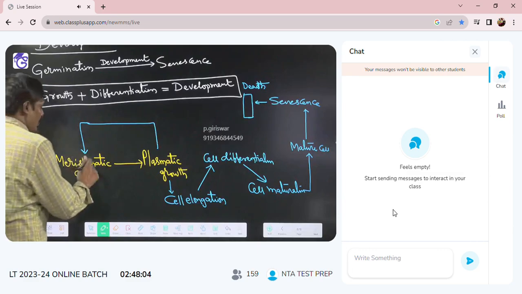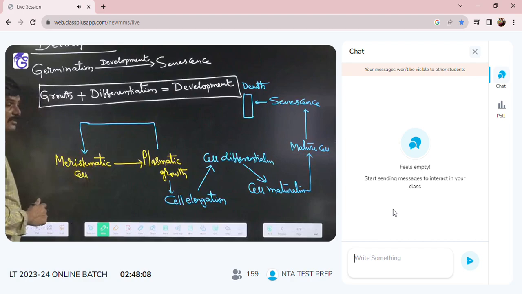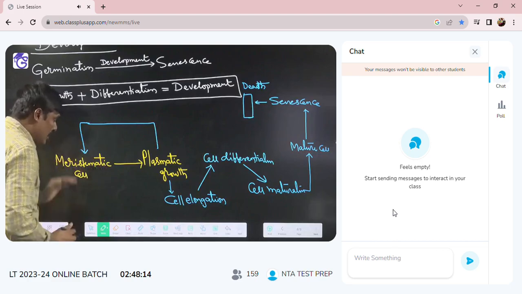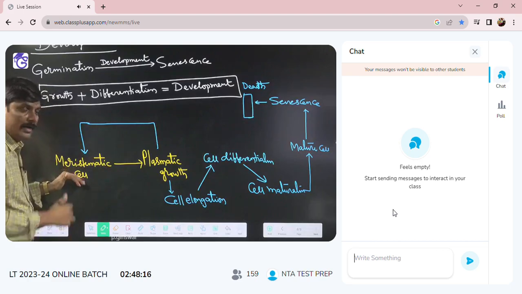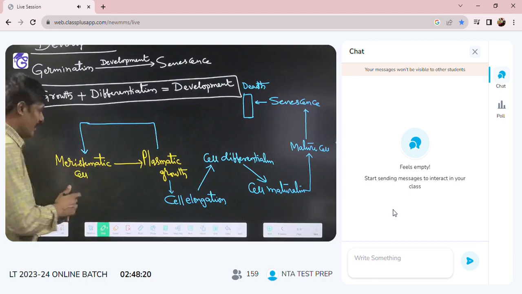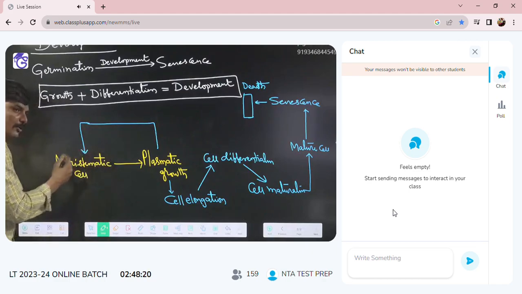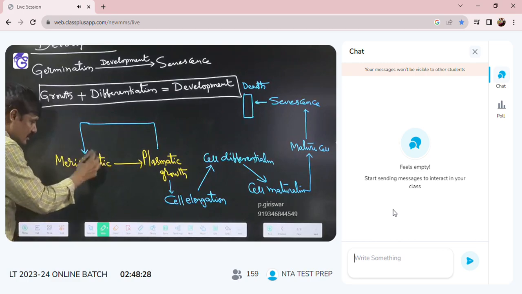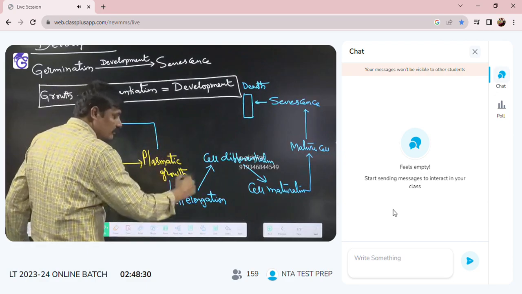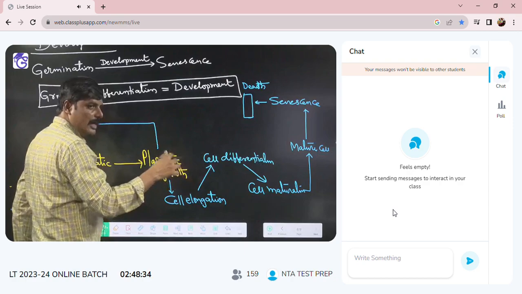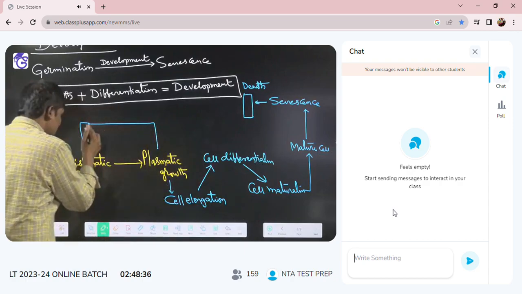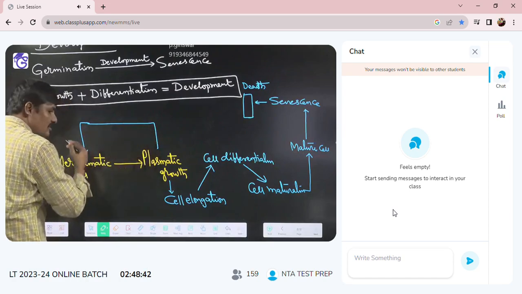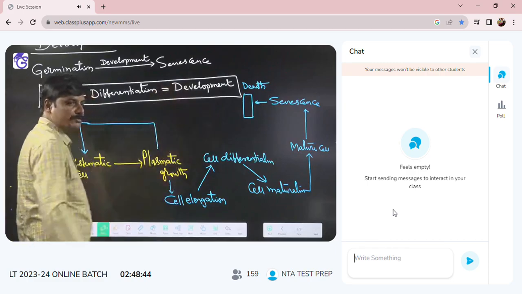Now, life starts with meristematic cells. All embryo contain meristems. First, the meristematic cell. For example, this is also applicable for a tissue or an organ also. I am taking here a meristematic cell. You can take it as a meristematic tissue or an organ. First, this undergo plasmatic growth and divide and form two cells. The two cells may become meristematic, or it undergo maturation.